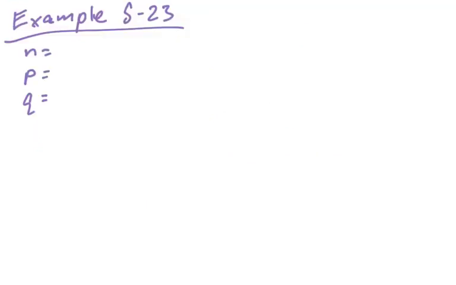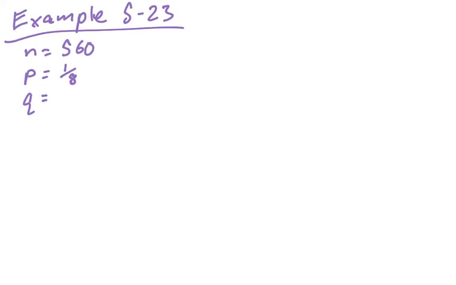Example 5-23, rolling a die. It says this time an 8-sided die with the numbers 1 through 8 on the faces is rolled 560 times. Find the mean, variance, and standard deviation of the number of sevens that will be rolled. So here, it's a binomial experiment because we are saying, just count the number of times we get a 7.